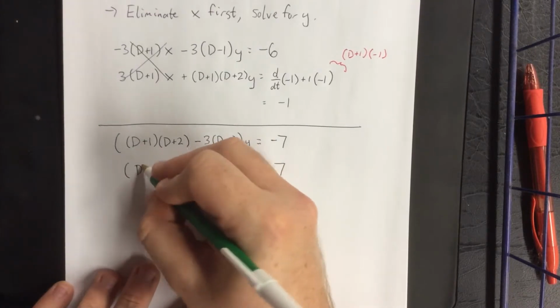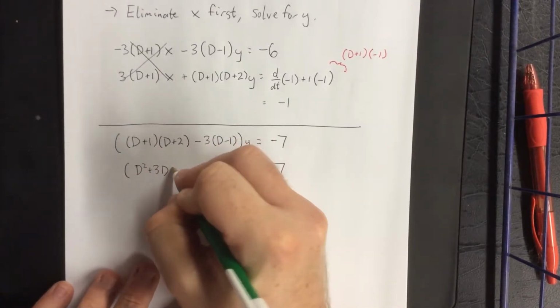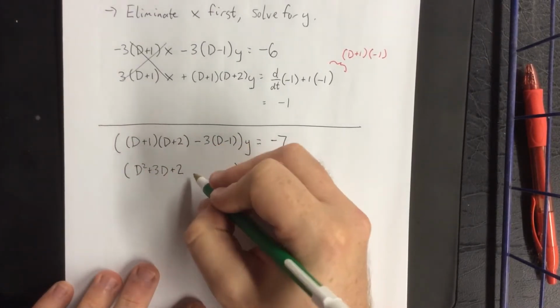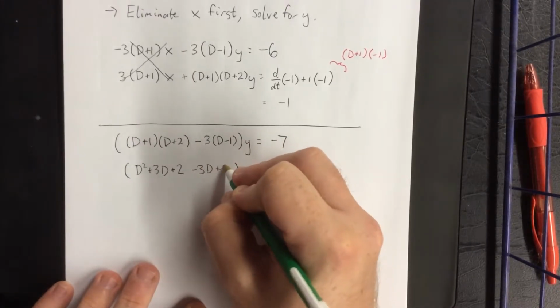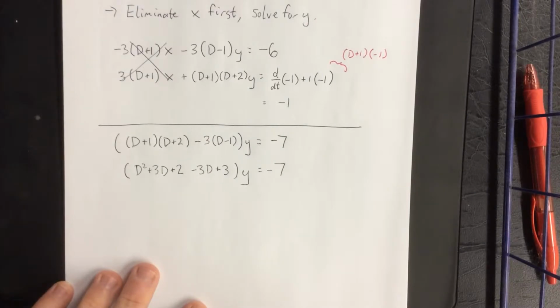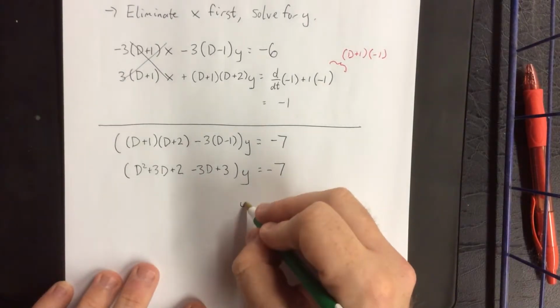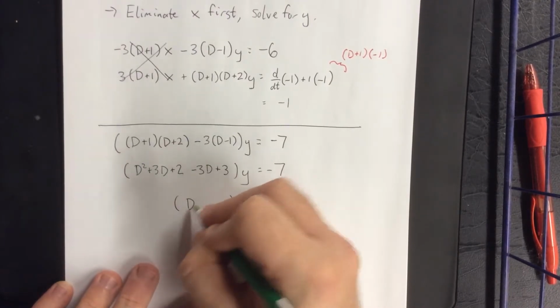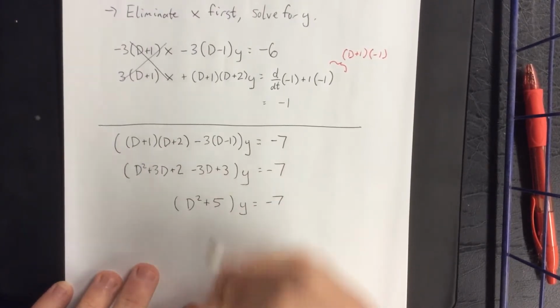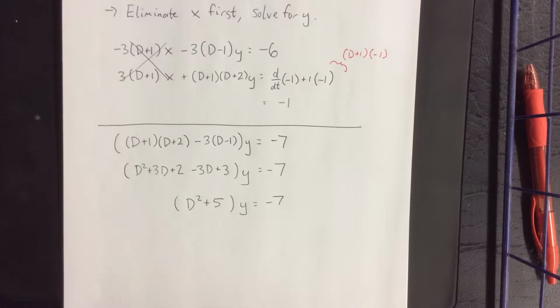So, we got d squared plus 3d plus 2 from that FOIL. Distribute the negative 3, we'll have negative 3d plus 3. Neato. So put that all together, and the new polynomial differential operator applied to y is, I believe, d squared plus 5. So we got ourselves d squared plus 5 times y is negative 7.